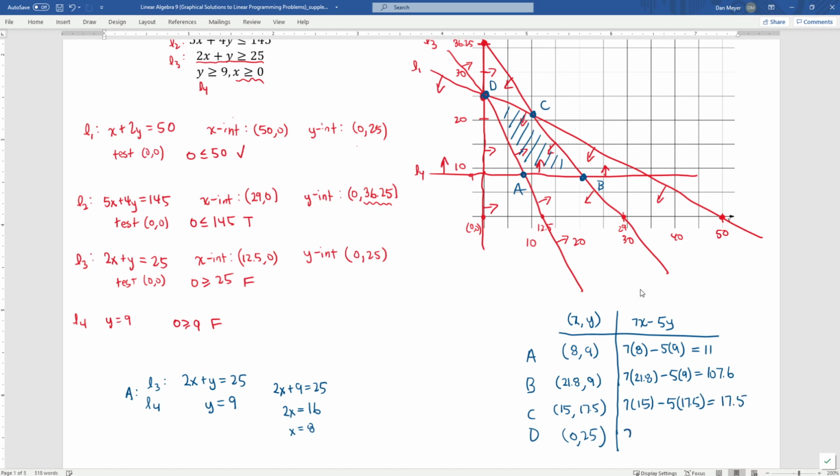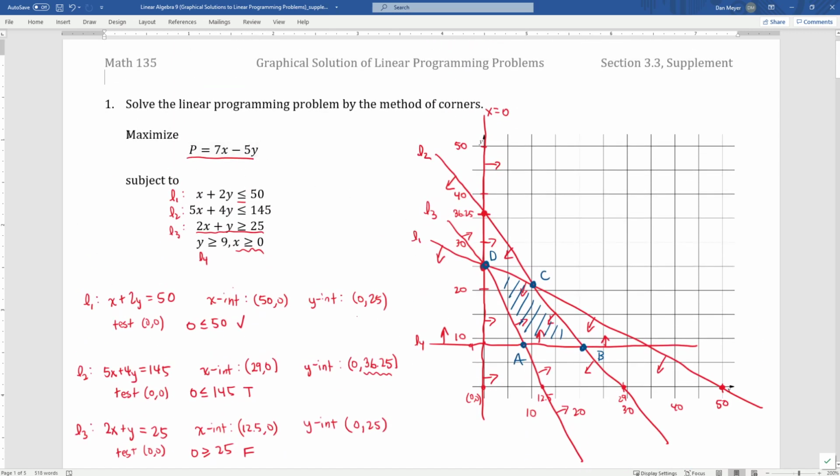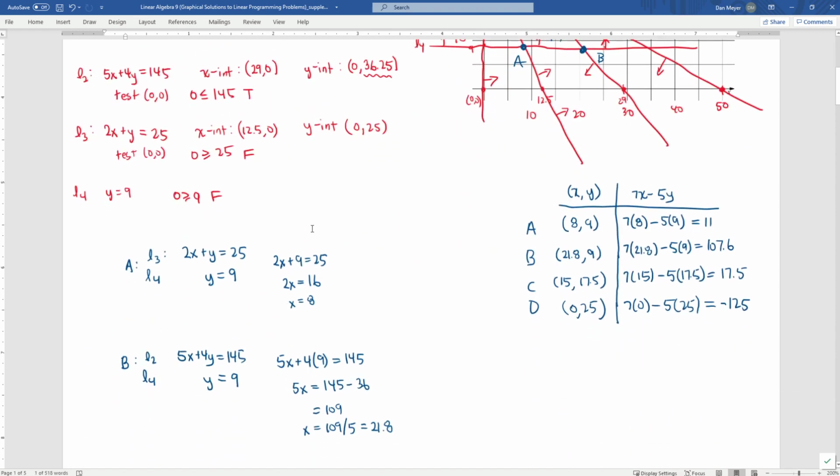And the last one will be 7 times 0 minus 5 times 25, which is negative 125. Okay, there's step 3, that's the evaluate. And then the last is find the max or min. Well, we're looking for a max here. So that would be, I guess, the biggest number on this list, 107.6.